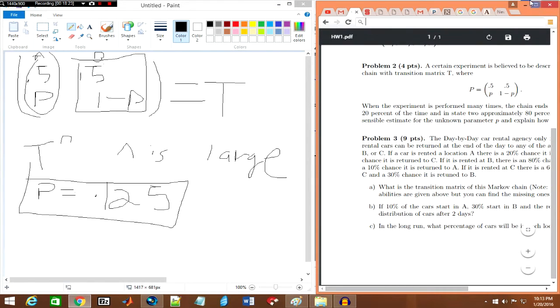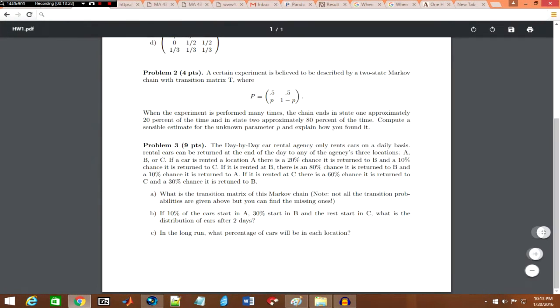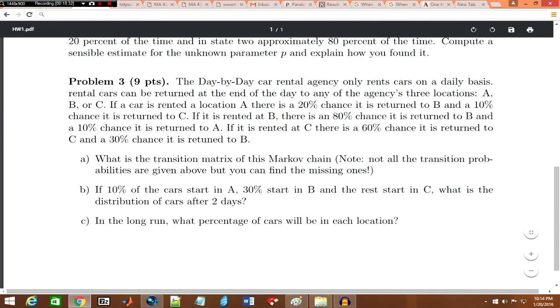Finally, we have the last problem, which is the day-by-day. The day-by-day car rental agency only rents cars on a daily basis.